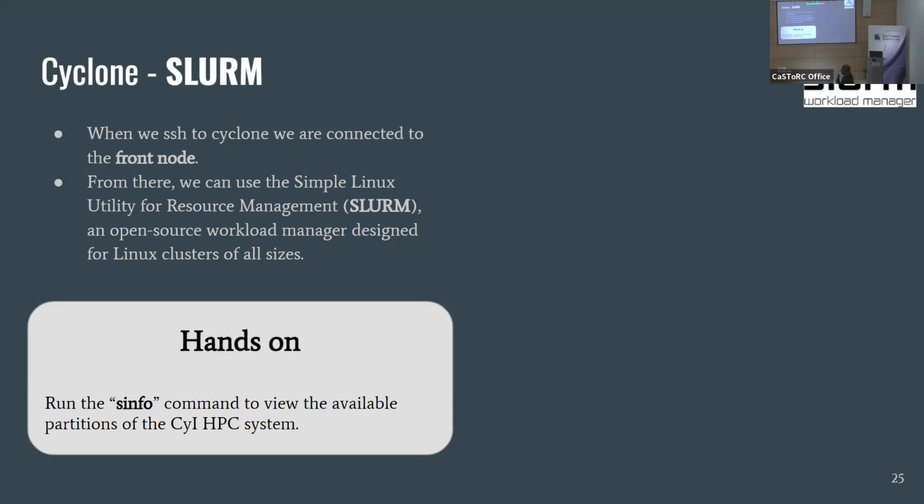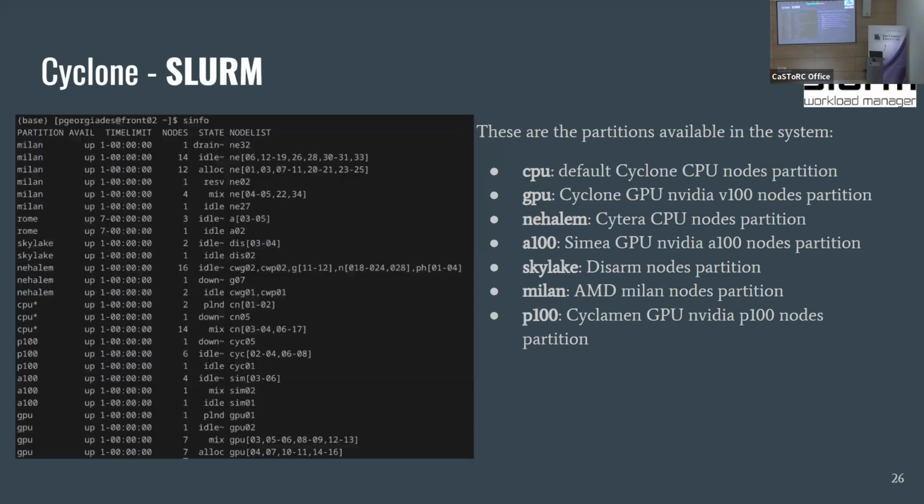Run this one, sinfo, just to view all the available partitions on the HPC system of the Cyprus Institute. So you should see something like that. You see all the different partitions or clusters listed on the left.